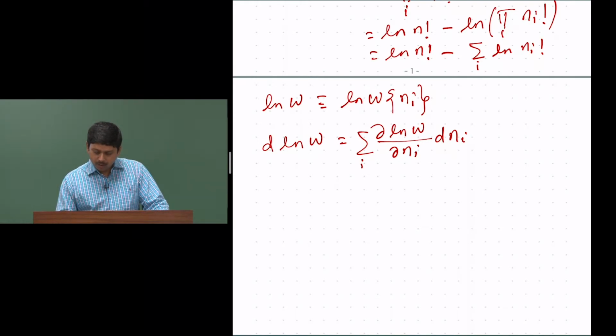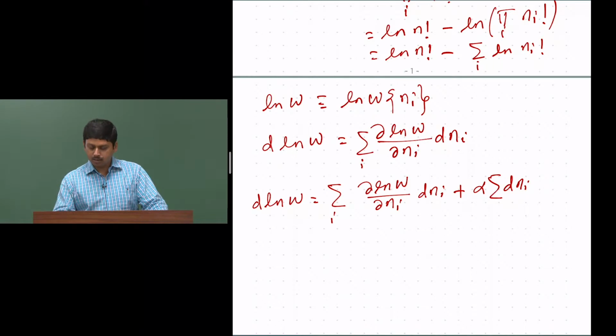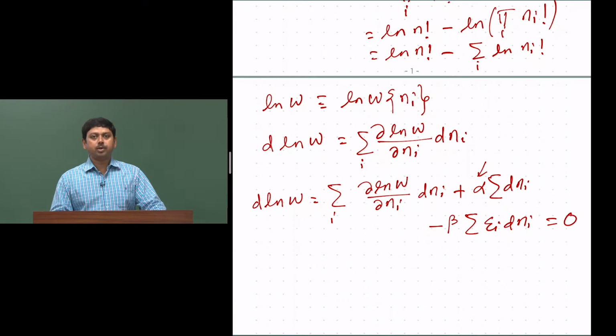So, now the quantity that needs to be maximized is d ln W, the sum over i of del ln W by del Ni d Ni, plus alpha d Ni. Alpha is just one of the undetermined constants, and minus beta is another, where we satisfy the condition of total energy, and that needs to be equal to 0.